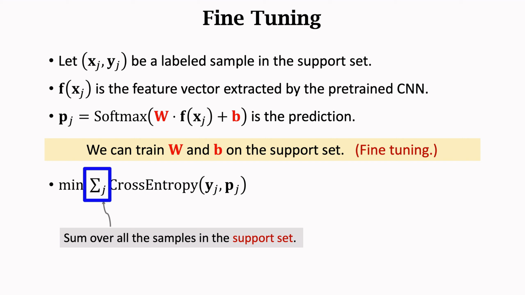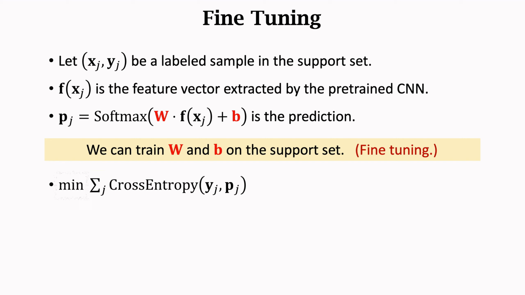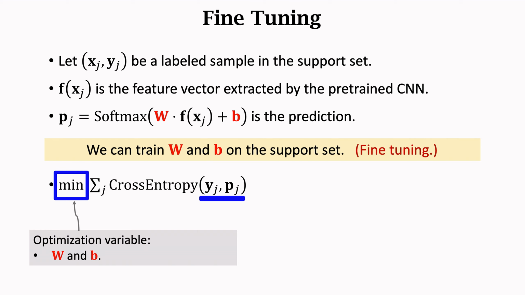That is to say, we use all the samples in the support set to fine-tune the model parameters. The minimization encourages the prediction P sub j to approach the ground truth Y sub j. The minimization is taken with respect to the parameters W and B. We seek to learn W and B from the support set.